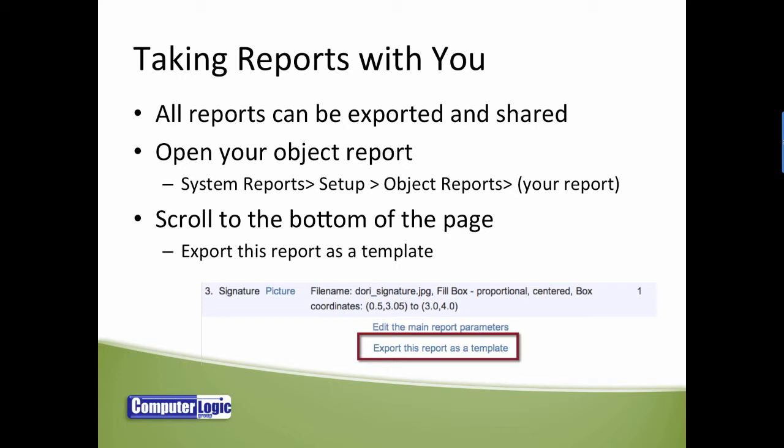So like our class roster report, if we wanted the same type of report with different columns, we could export it out, import it back in as a copy, and then go into the main report parameters, give it a new name, work through the column headers, change them to what the new columns will be, and then change the first student information so it matches the new columns. Then simply copy and paste it to the rest of the students. It makes for an easier way to create new reports versus starting from scratch.